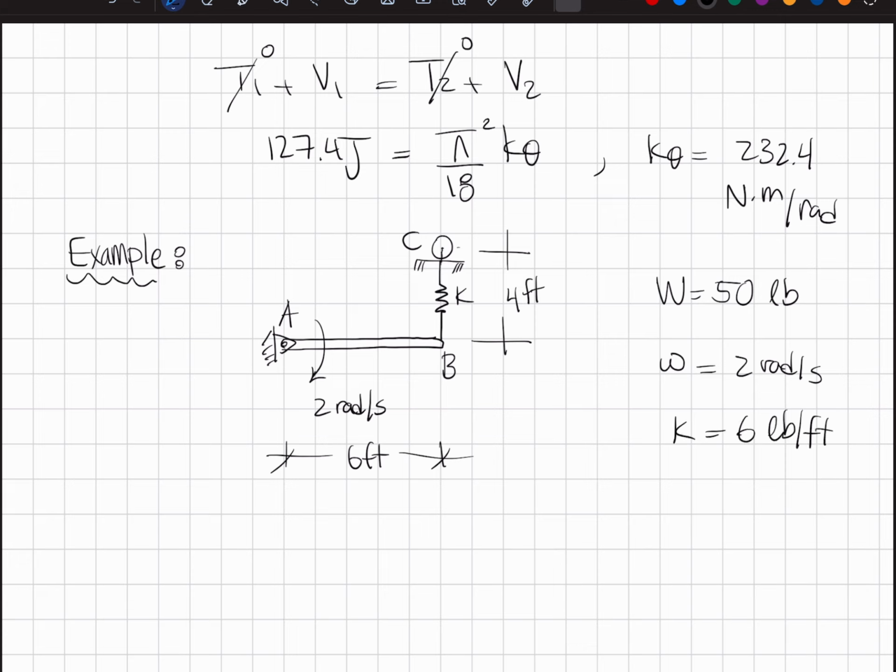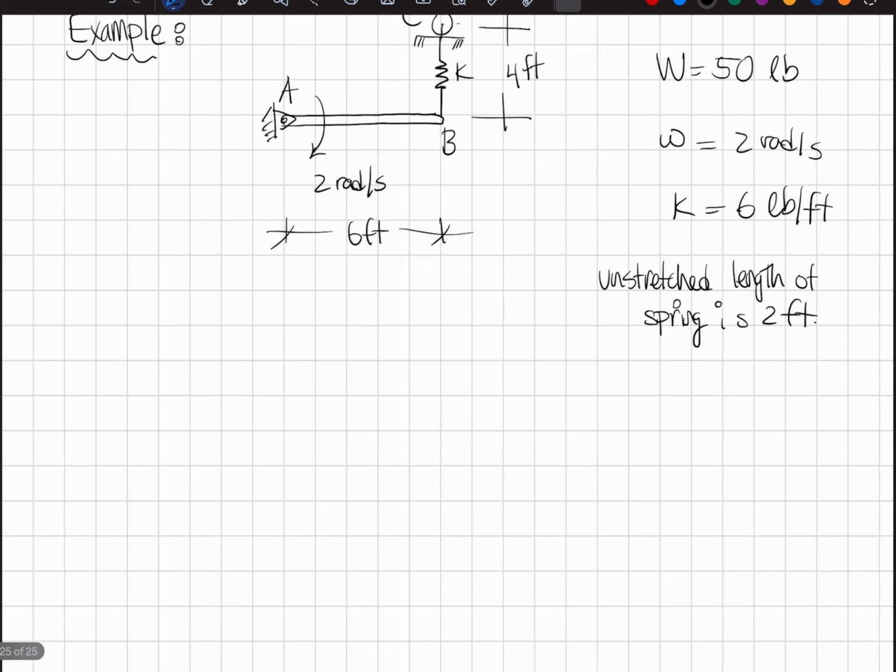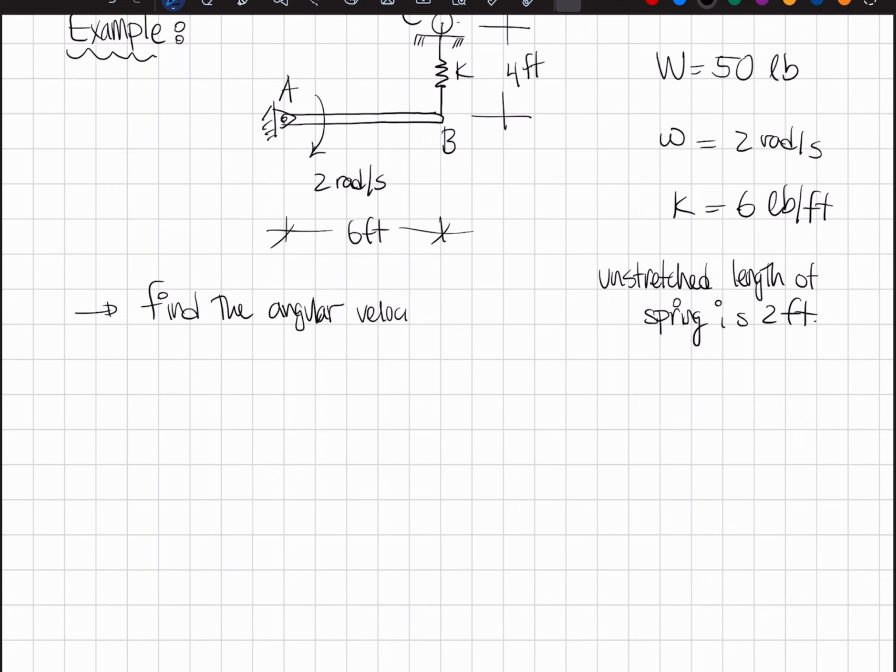Also, the unstretched length of the spring is 2 feet. Just lastly, I'm going to write down the problem statement. So that's really what the problem is asking us to do.